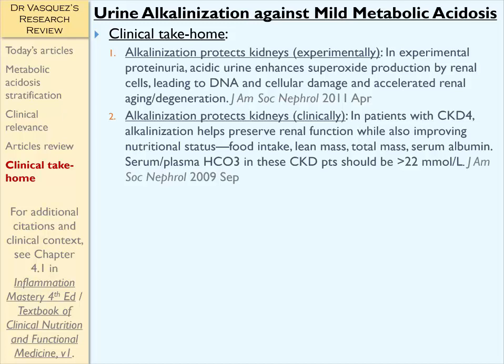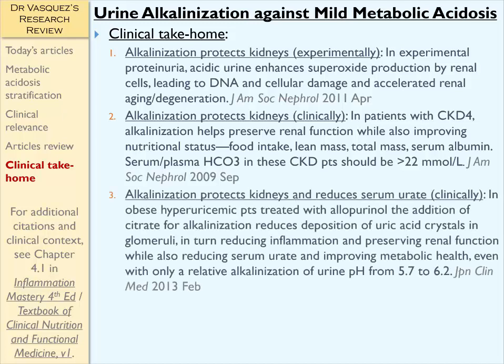And for the third study that I reviewed for the first time in today's video, alkalinization protects kidneys and reduces serum urate levels. In obese hyperuricemic patients treated with allopurinol, the addition of citrate for urinary alkalinization reduces deposition of uric acid crystals in the glomeruli, in turn reducing inflammation and preserving renal function.